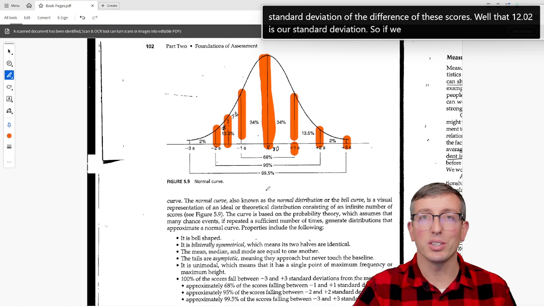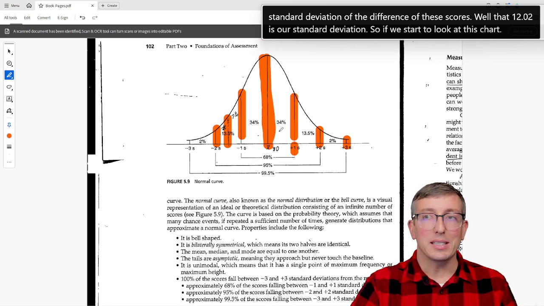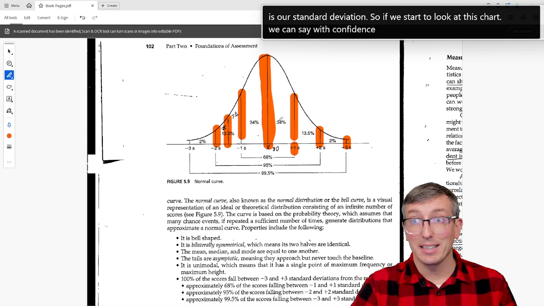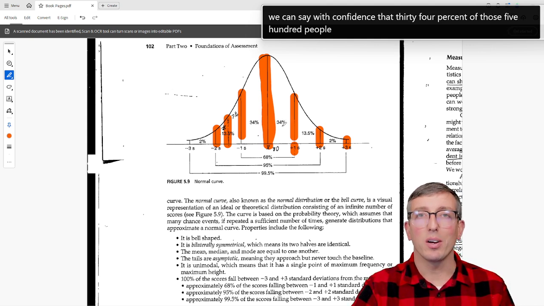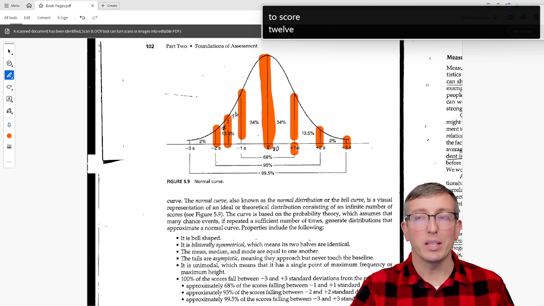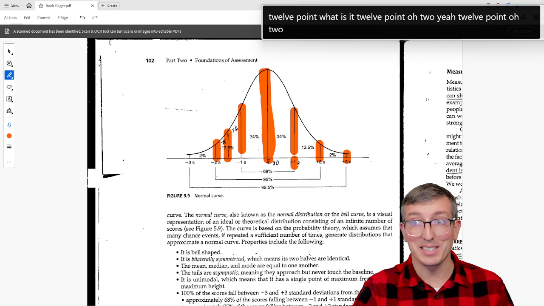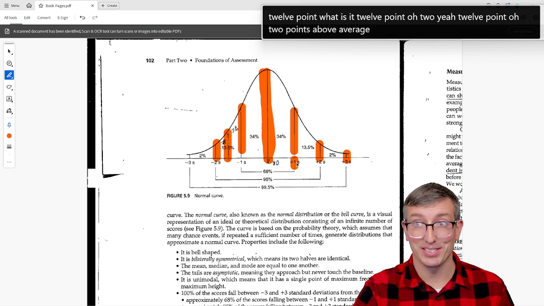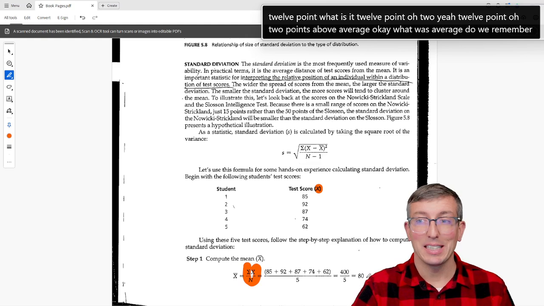So if we start to look at this chart, we can say with confidence that 34% of those 500 people are going to score 12.02 points above average. What was average? Do we remember? 80.